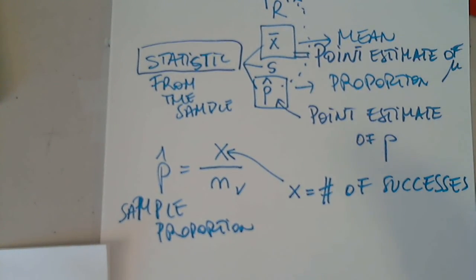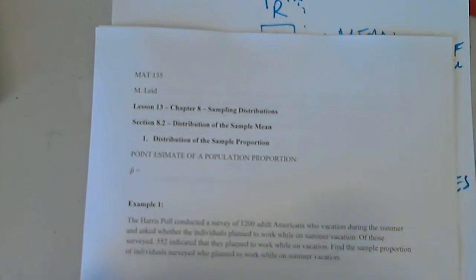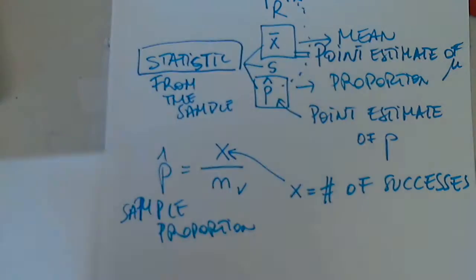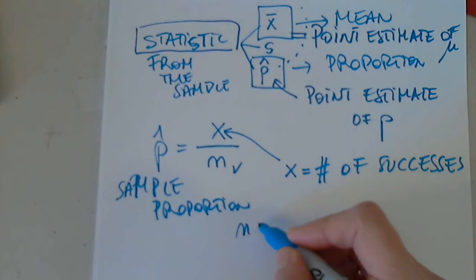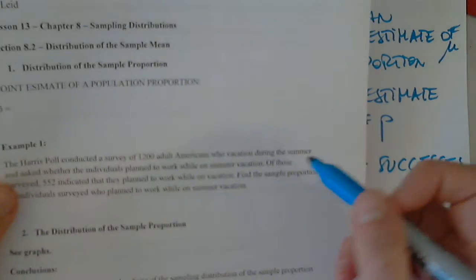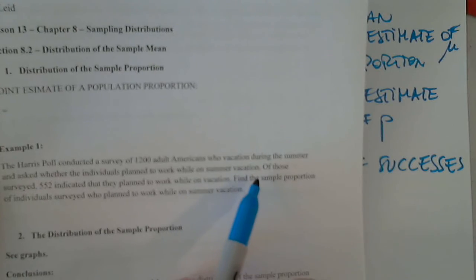What does that mean? For example, I have an example right here for you. The Harris poll conducted a survey of 1,200 adult Americans. So obviously that's our sample size. Who vacation during the summer and asked whether the individuals plan to work while on summer vacation.